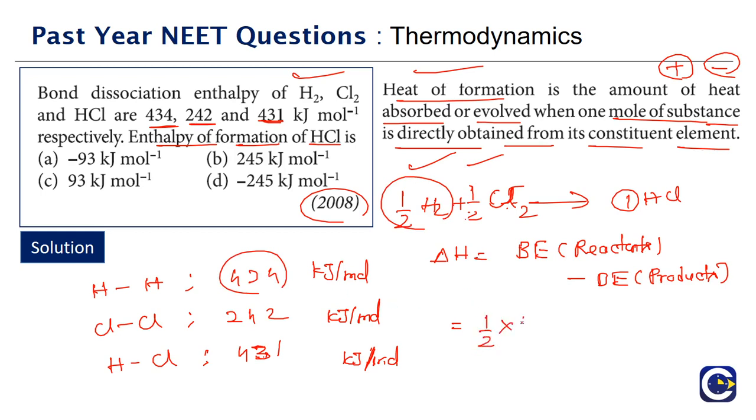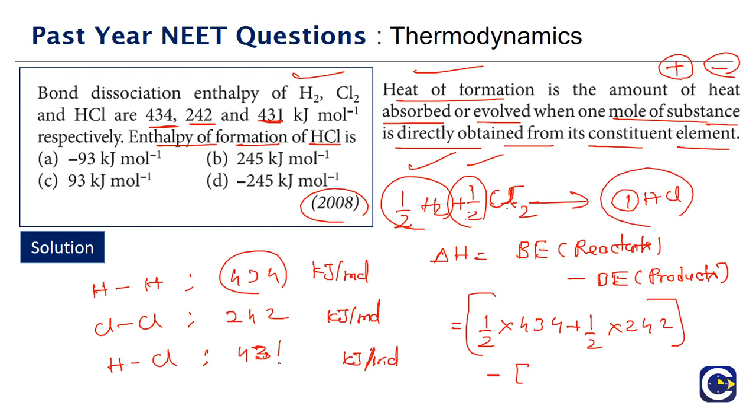Means half into 434, and half a mole of Cl2 means half into 242. Okay, so this is the bond energy of the reactants minus what is the bond energy of the product? Means it is HCl, right? It is 431. Okay, so now what we will be having is, this is 434 and 242.